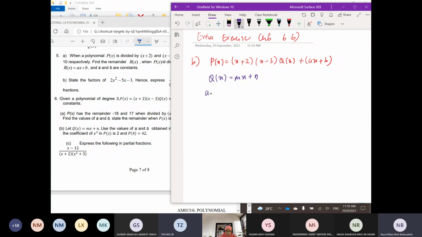A is 7, b is minus 4. So we can rewrite our P(x): P(x) equals (x plus 2)(x minus 3)(Q(x)) plus 7x minus 4.